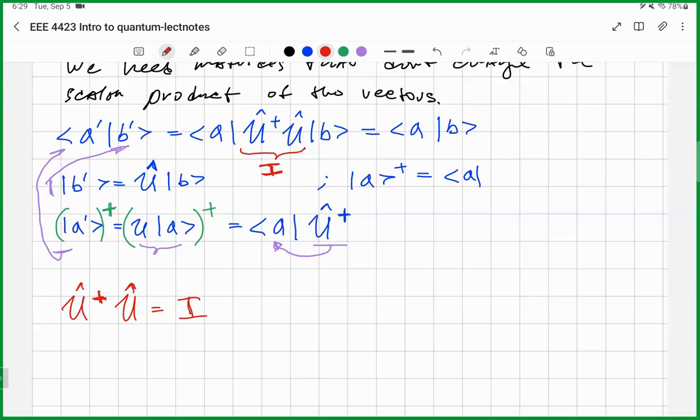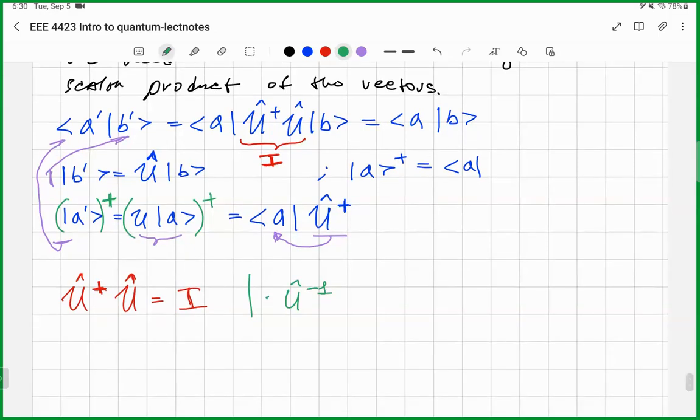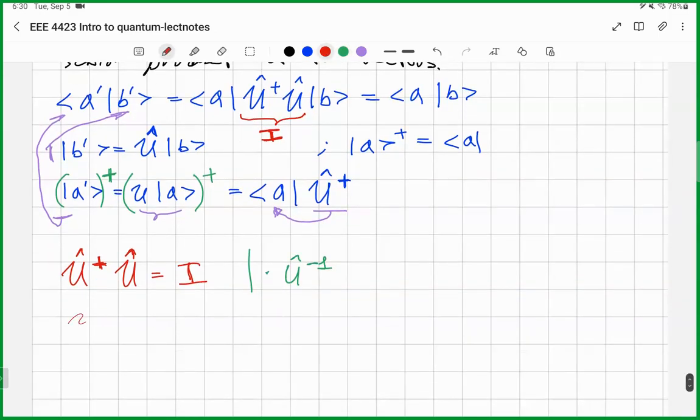And if I multiply this formula by u inverse on the right, what will I get? I will get u dagger equals u inverse.